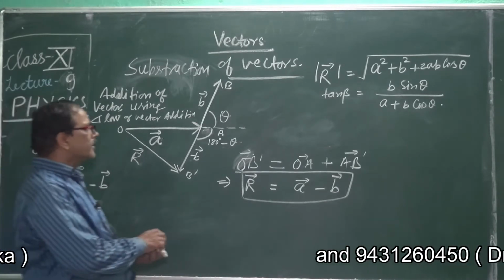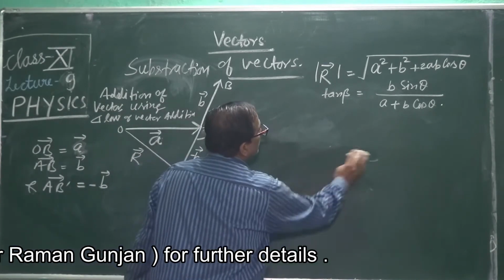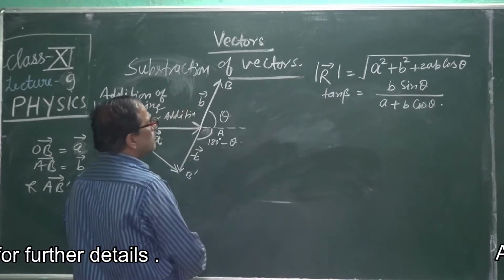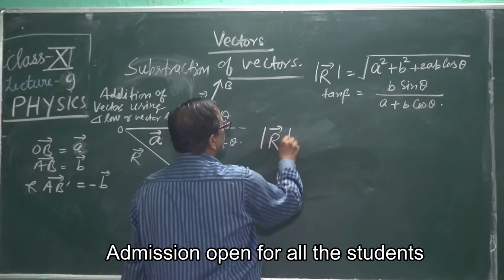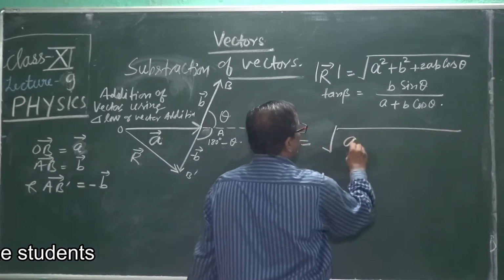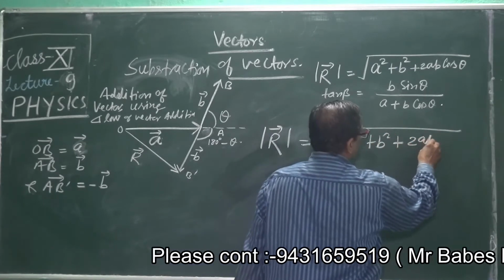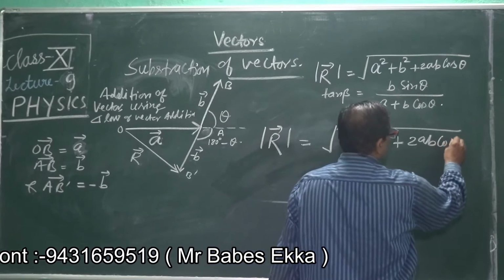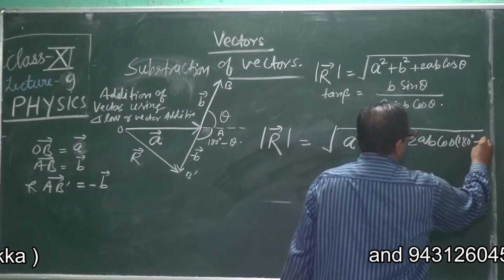So in this case, when we apply the formula, this is the magnitude of resultant: A square plus B square plus twice AB cos 180 degree minus theta.